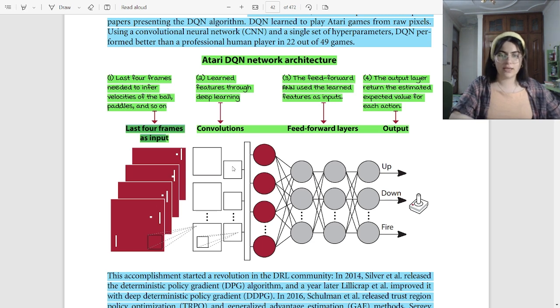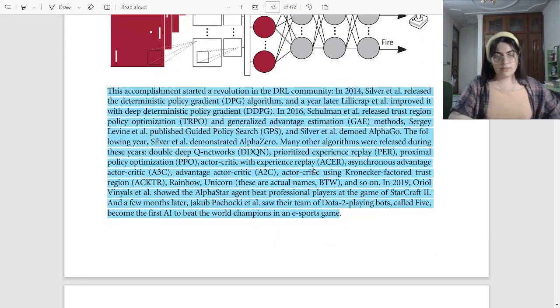Then they learned features through deep learning, using a convolutional neural network, and they have feed-forward layers. Finally, the output was the action that the agent has to take, like for the paddle of the ball. And after that, lots of other algorithms came.